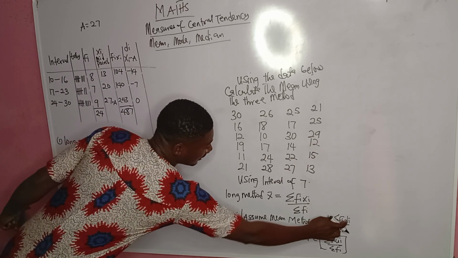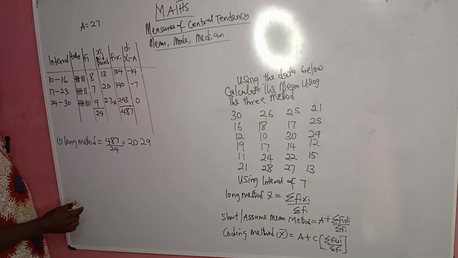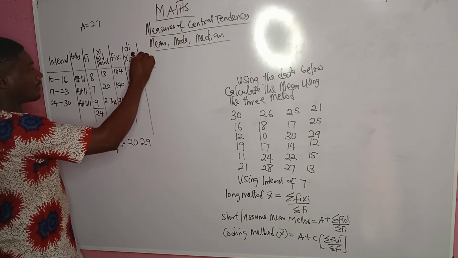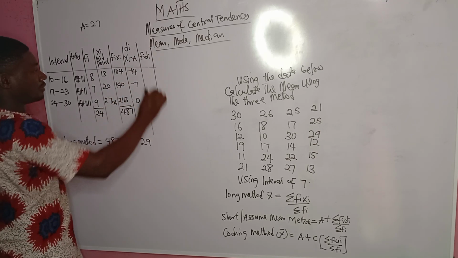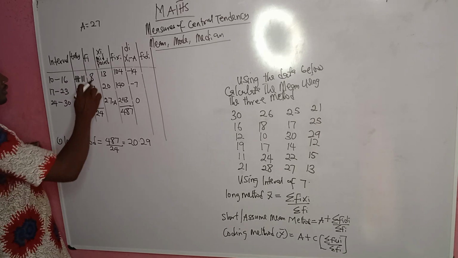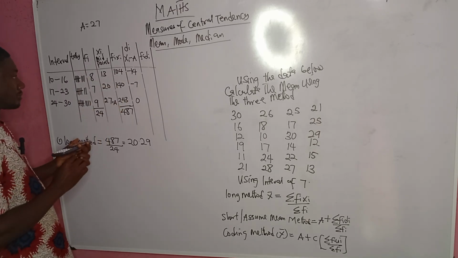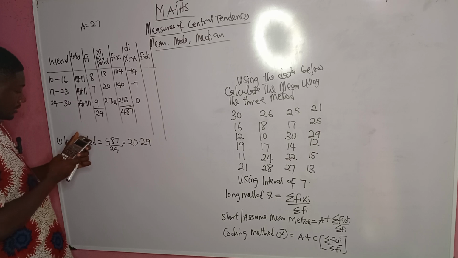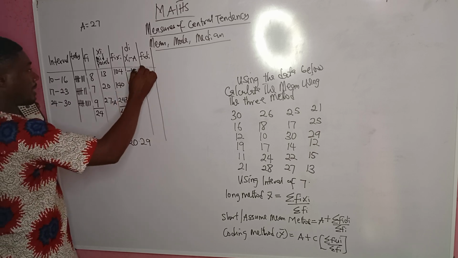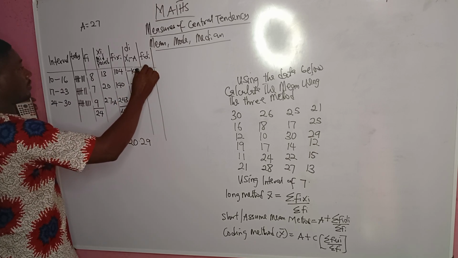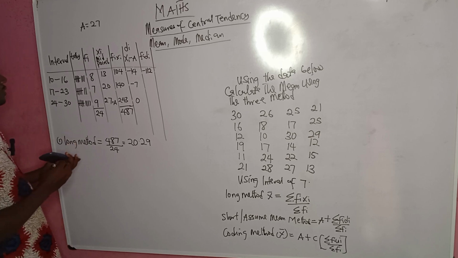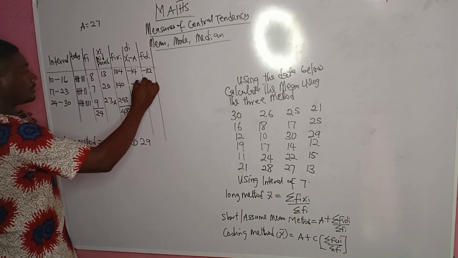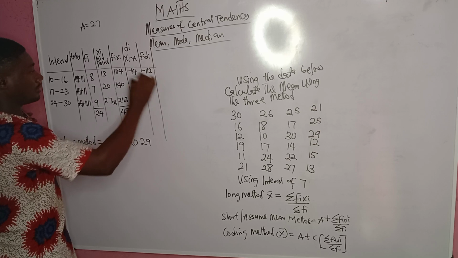But in the formula, they are together. So that means the next line we have is FiDi, which is multiplying the two. So 8 times minus 14 will give us minus 112. Then 7 times minus 7 will give us minus 49.